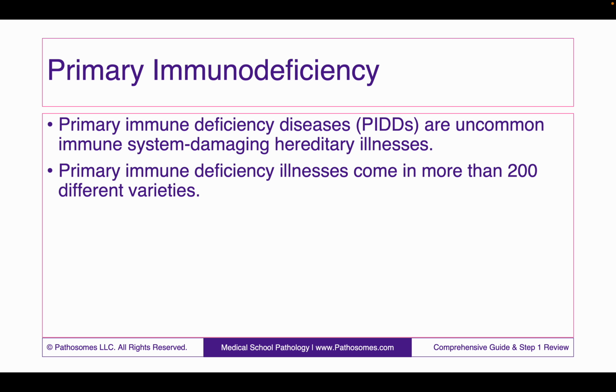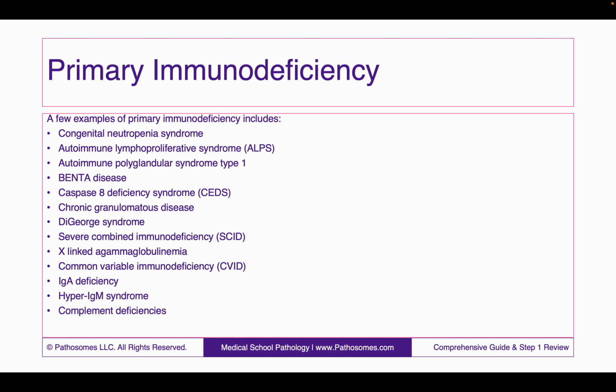Primary immune deficiency illnesses come in more than 200 different varieties, right? We're going to talk about the important ones.